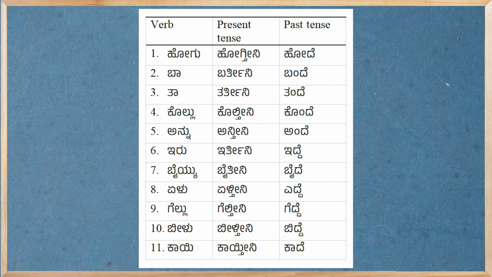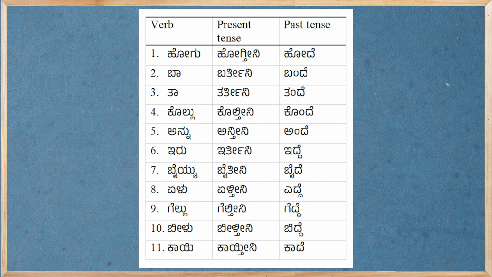The verb root ta: tartini in the present tense, tande in the past tense. The verb root kollu: koltini in the present tense, konde in the past tense. Annu: antini in the present tense and ande in the past tense.